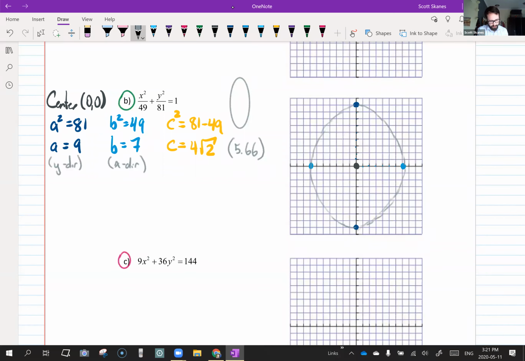If you forgot anything or missed anything, just rewatch the video later. 5.66, the focus is along the longer axis, the major axis. So 1, 2, 3, 4, 5. Wait, 1, 2, 3, 4, 5. It's about there. And 1, 2, 3, about there.